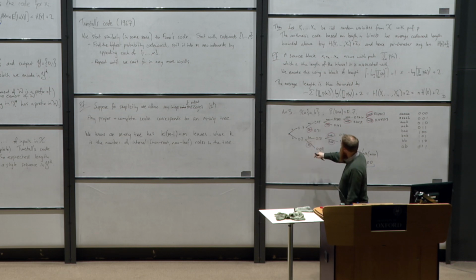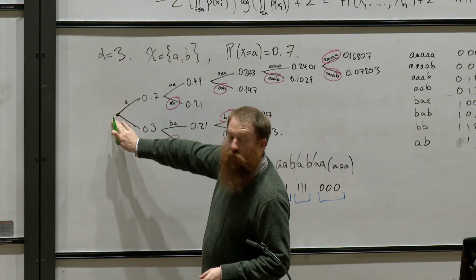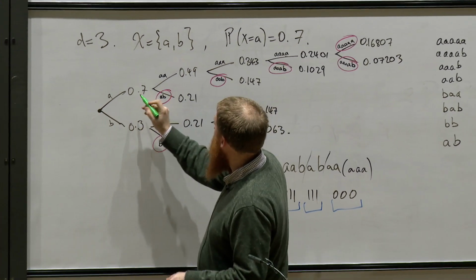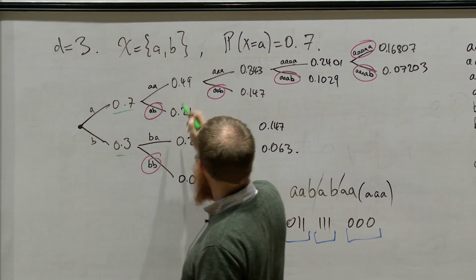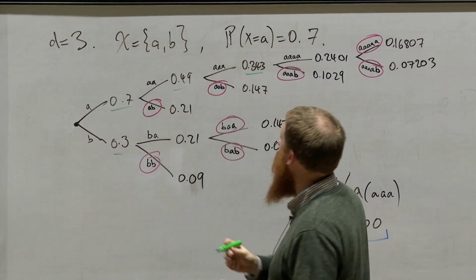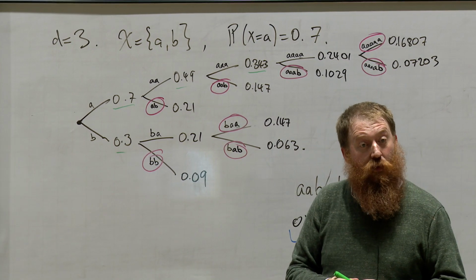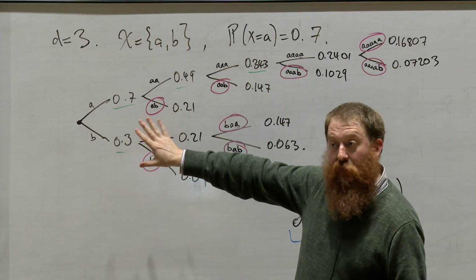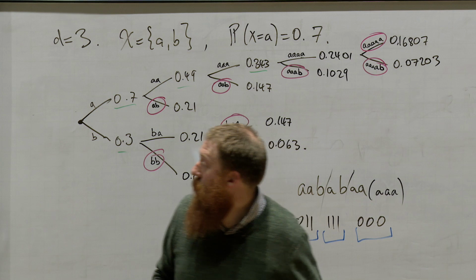Okay, so here you can see which are my internal nodes in my example. Well, it's not the root, but I've got 1, 2, 3, 4 internal nodes in this tree. So for this example, k would be 4, and that gives me the correct number of leaves.